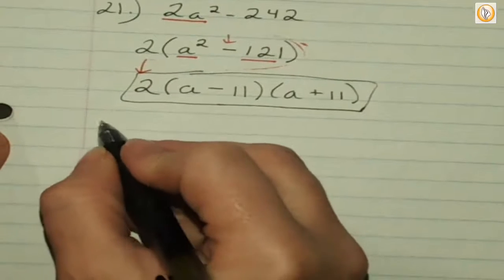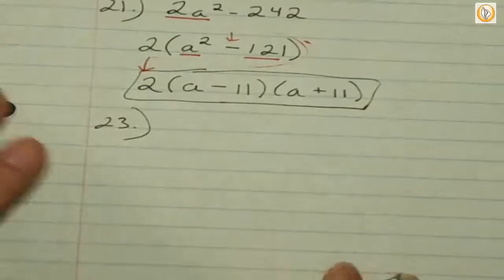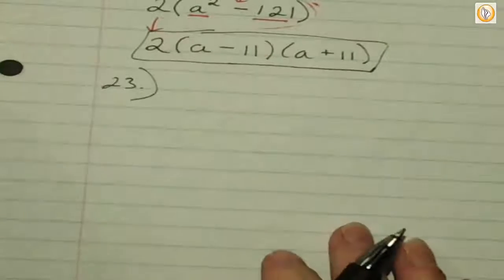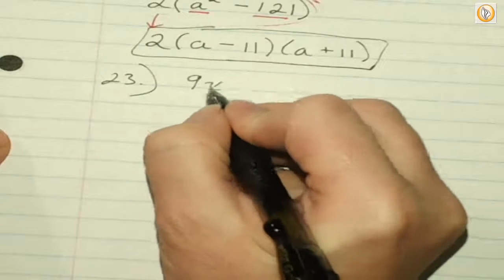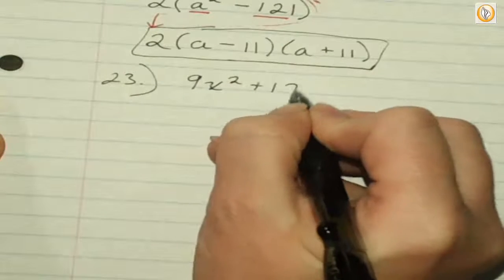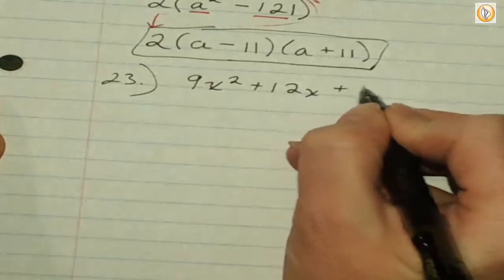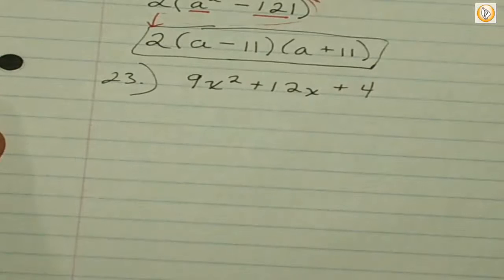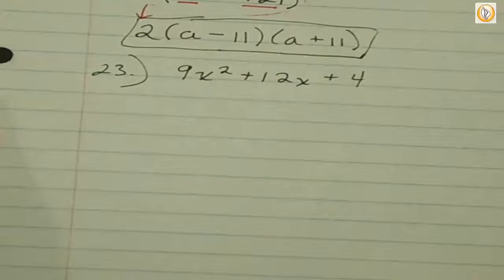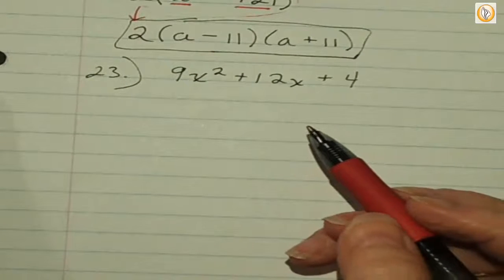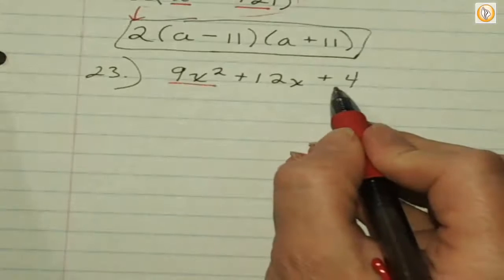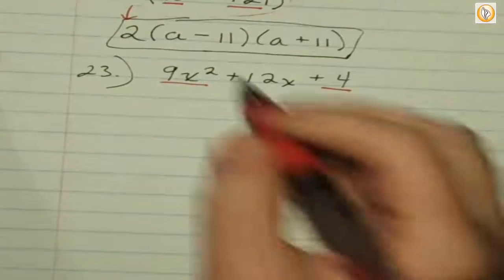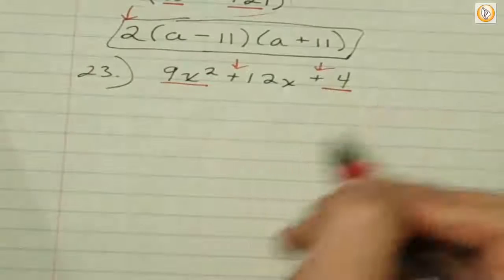Aiden wants to do one. 23. 9x squared plus 12x plus 4. So, Aiden, question. Is this a perfect square? There you go. We have a plus sign and a plus sign.